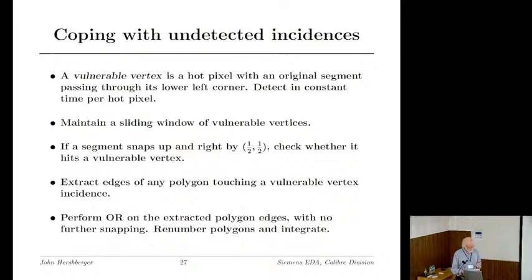And this OR operation may cause some edges to annihilate, some polygon interiors may pinch off and become two separate polygons. We detect that in the process so that we end up with correct results.